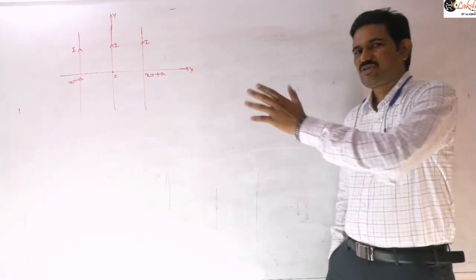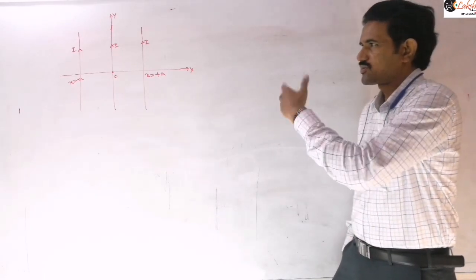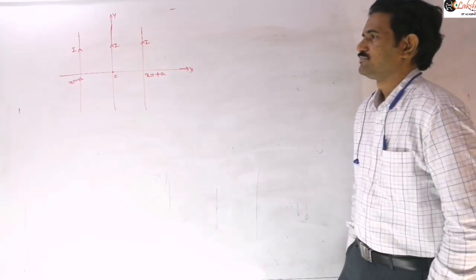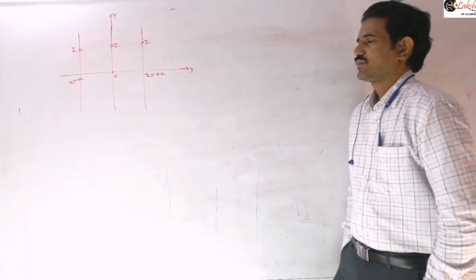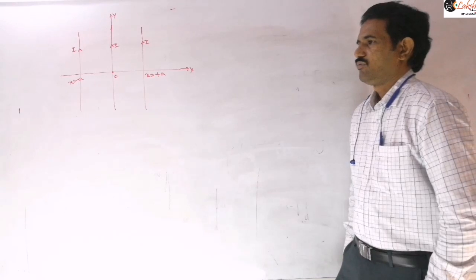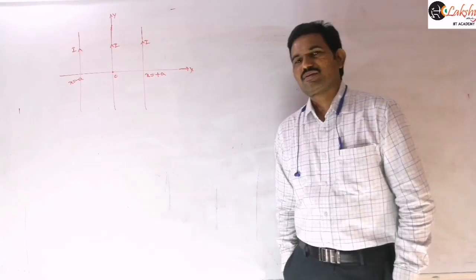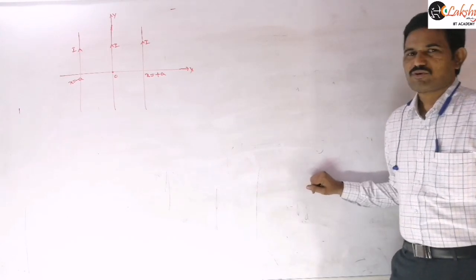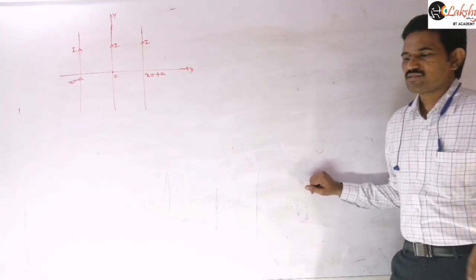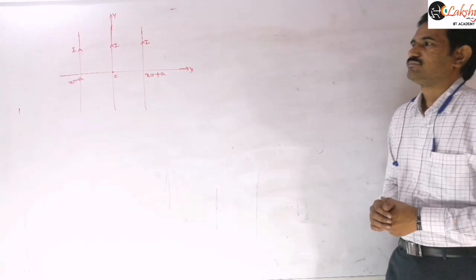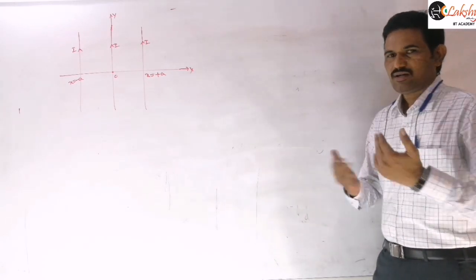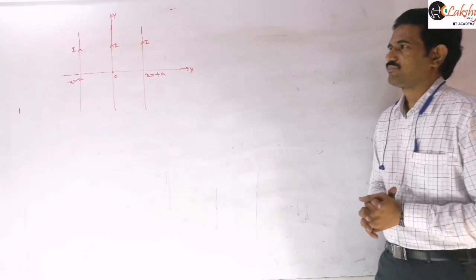That means x is equal to a and minus a, that information is there, and one will coincide with the y axis, that is shown in the diagram. Find where the resultant magnetic field is 0. Find the locus of points where the resultant magnetic field is 0. That is one question, let it be A.